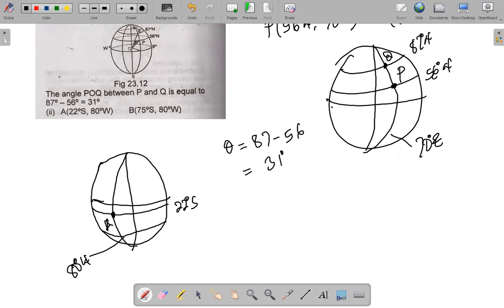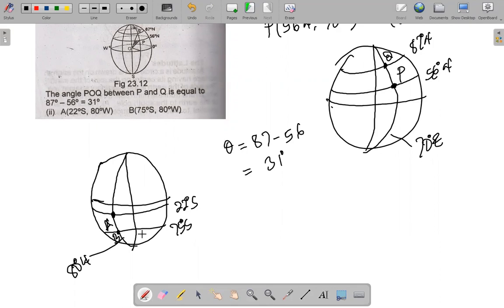Let's assume this is it. That's not good. 75 degrees south, but the longitude still remains. We'll have point B here.